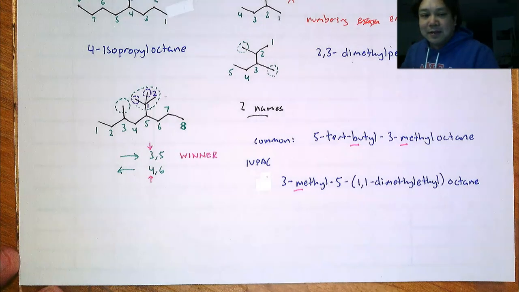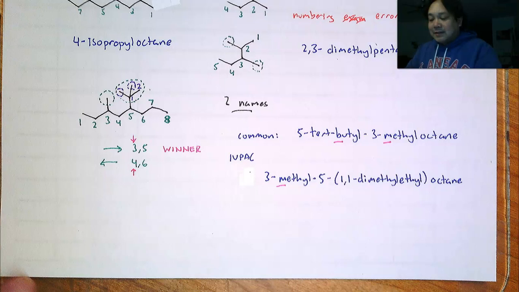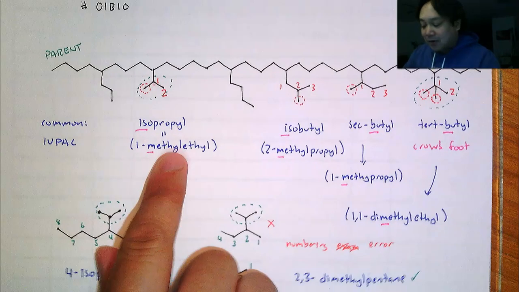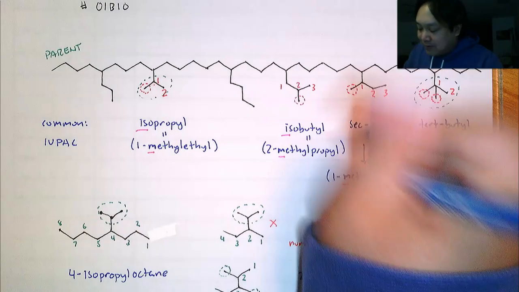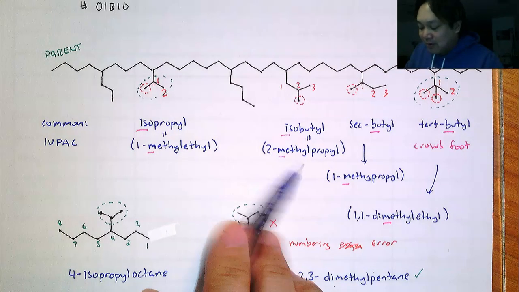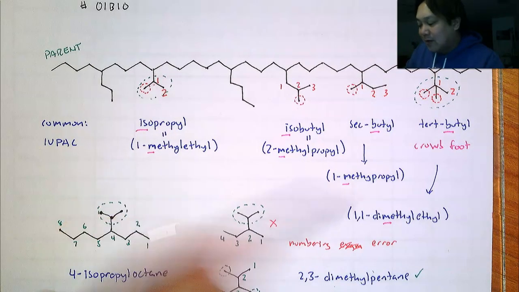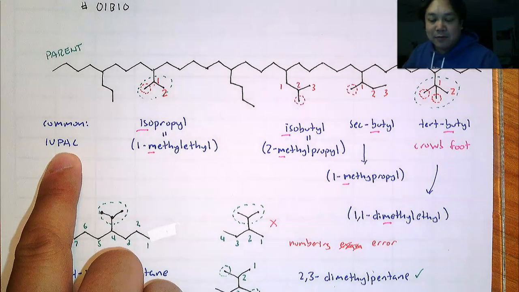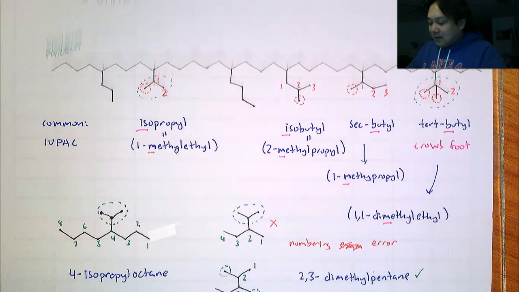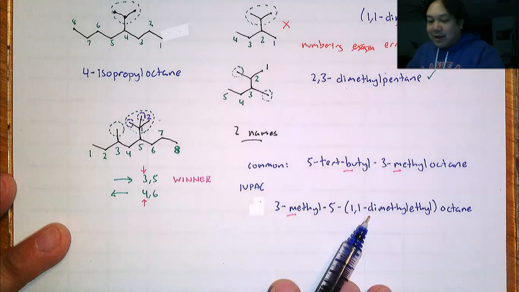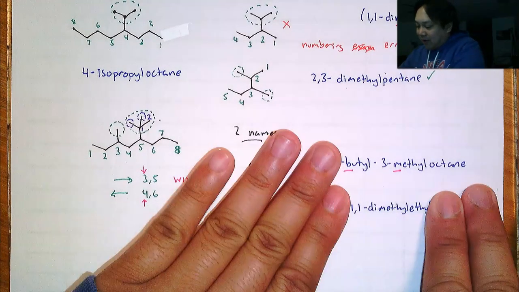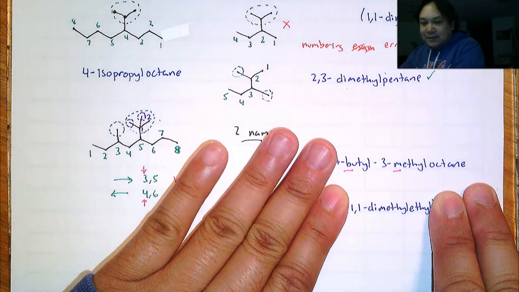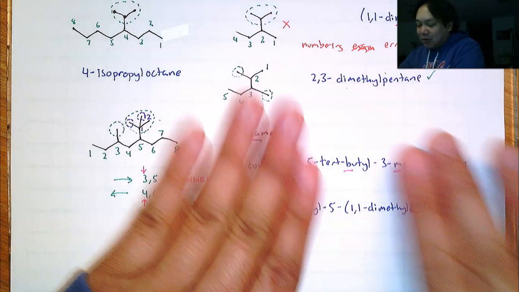Now, does this make sense? Because here we said these are equivalent. Isobutyl, 2-methylpropyl. Isopropyl, 1-methyl ethyl. So we're writing the equivalent but in IUPAC fashion. That 1,1-dimethyl ethyl, that thing right there, in parentheses, is the same as tert-butyl.